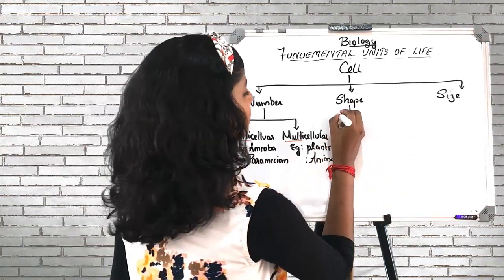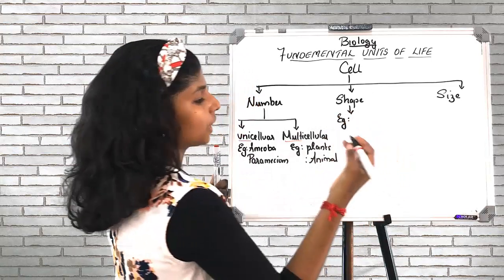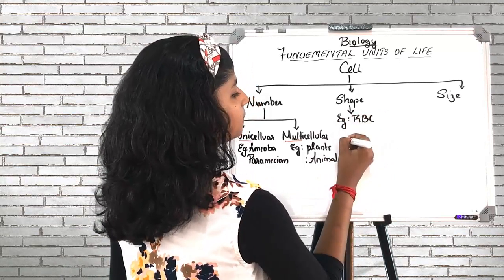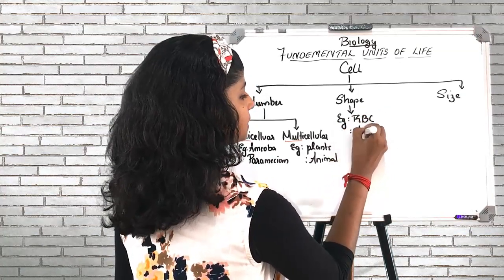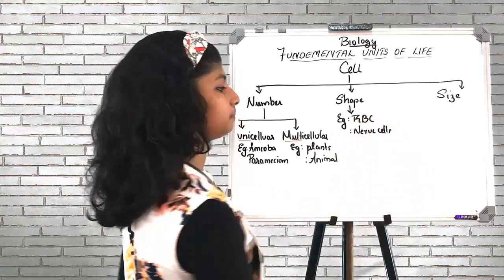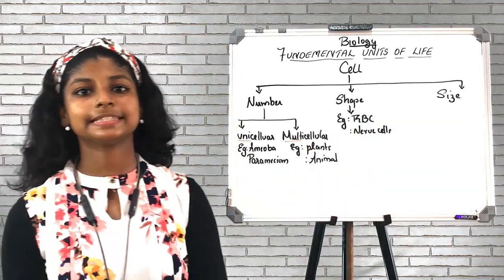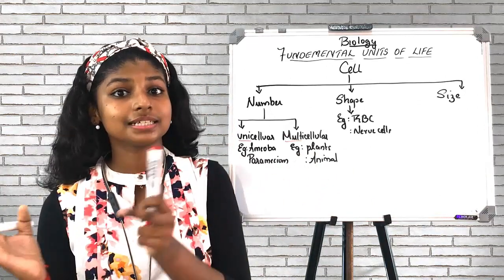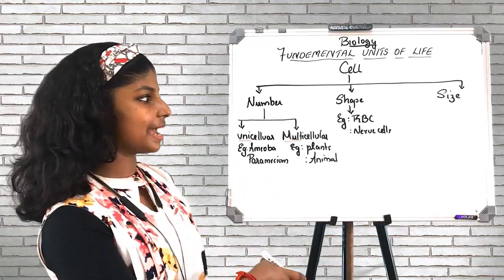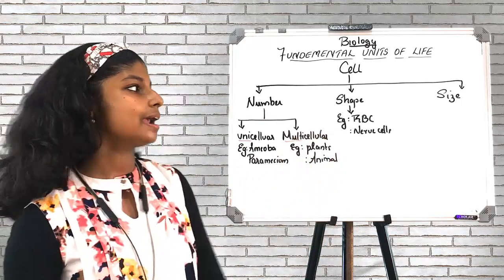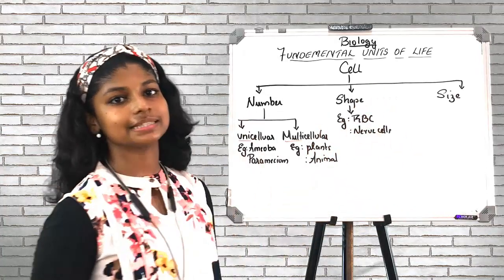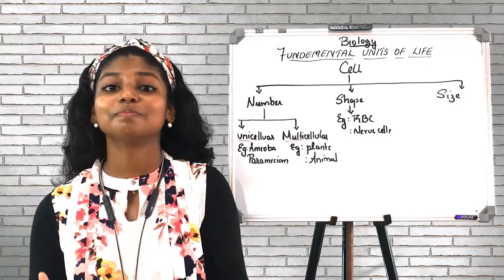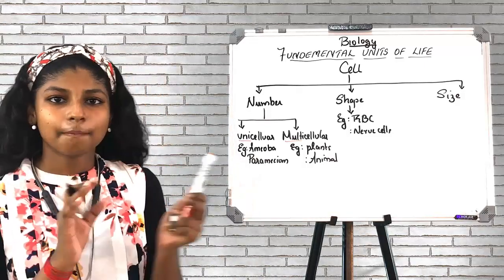The examples can be RBC, the nerve cells, etc. Here the term RBC means the red blood cells. Then we have the nerve cells, and you can even write the smooth muscle cells. So that's about the shape.